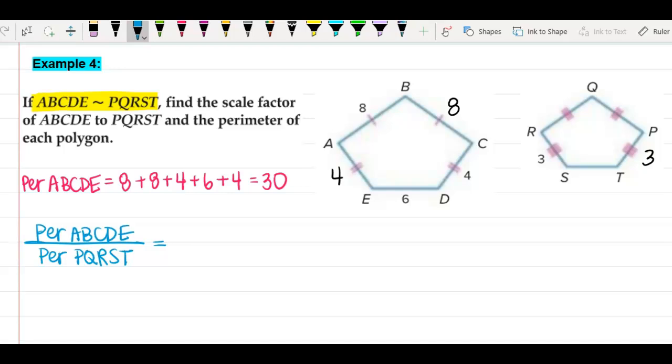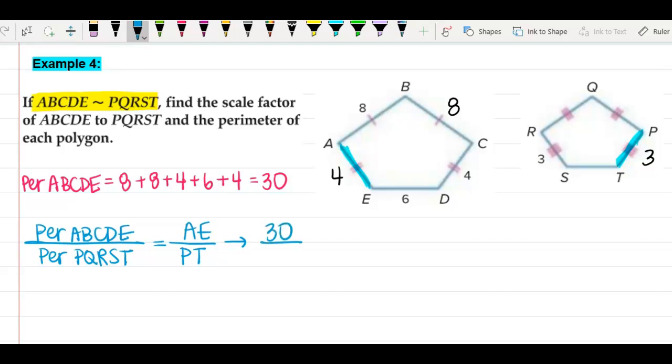These perimeters are proportional by the same scale factor as the sides, so then we could match up a set of sides. So we could look at AE, and A to E should go with PT. So I could say AE over PT. Then we could plug what we know in. Perimeter of ABCDE is 30.